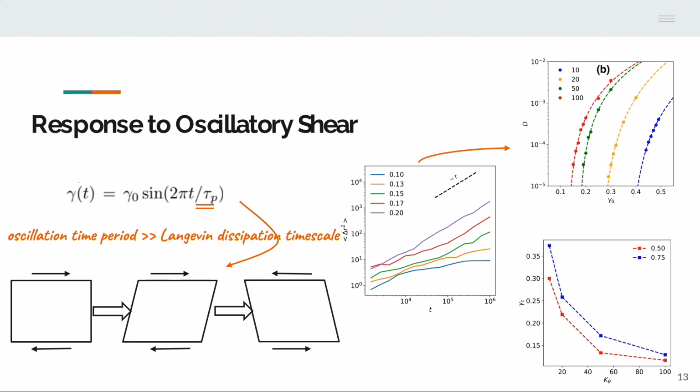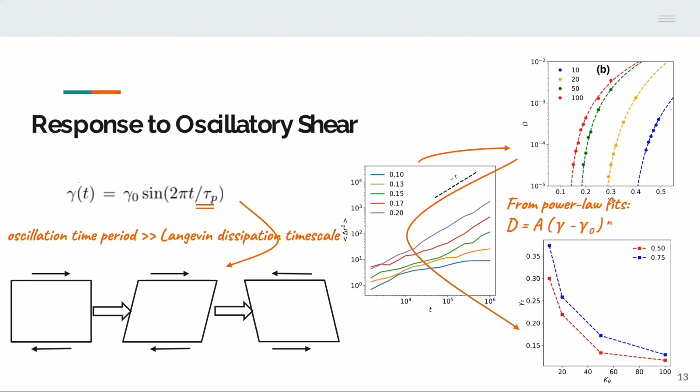From there we can plot the diffusion coefficient against gamma 0, and we get this kind of plot for different values of k theta. We can fit these to power laws and estimate the threshold value of the strain amplitude.